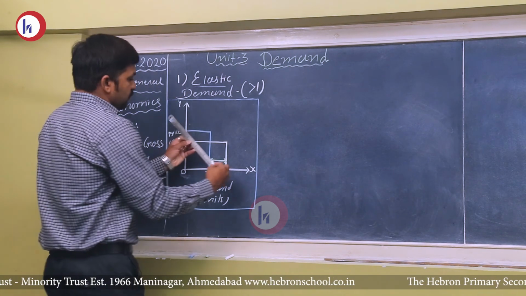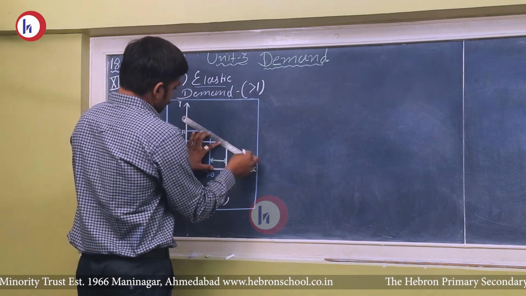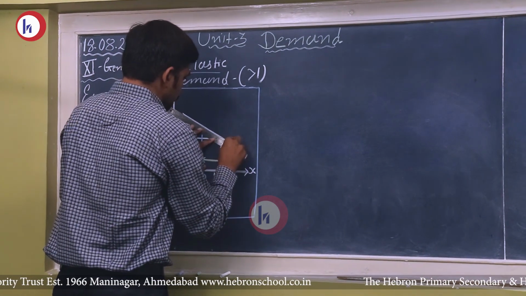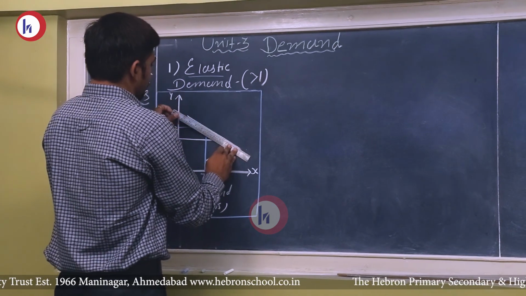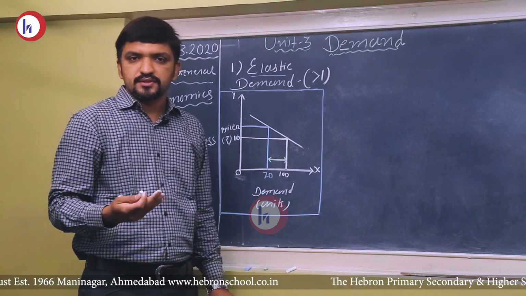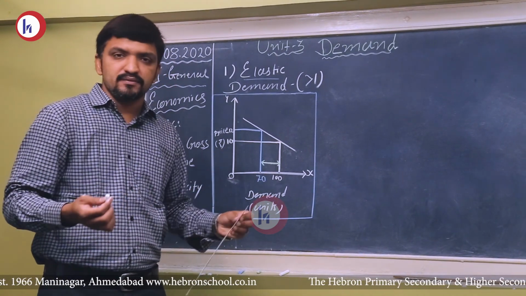So let us draw a demand line here. See, while we are doing evaluation of your answer sheet, we won't keep pencil and pen with us or a scale with us.